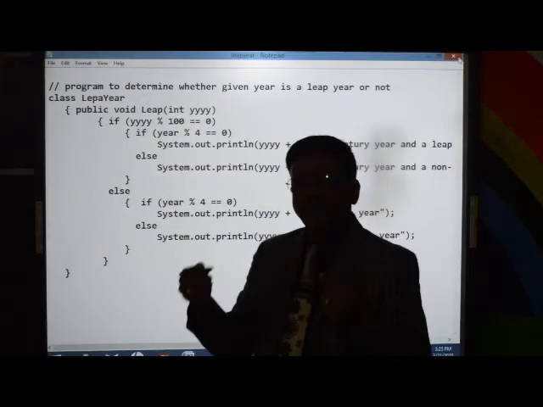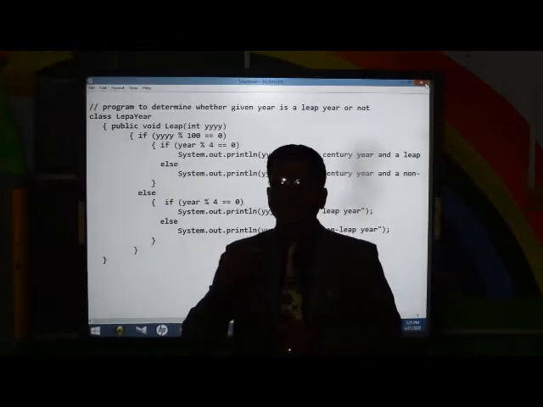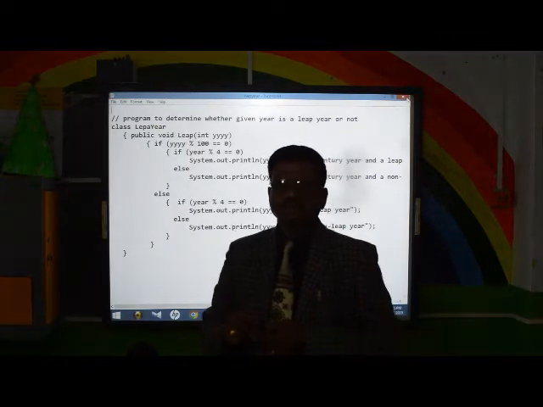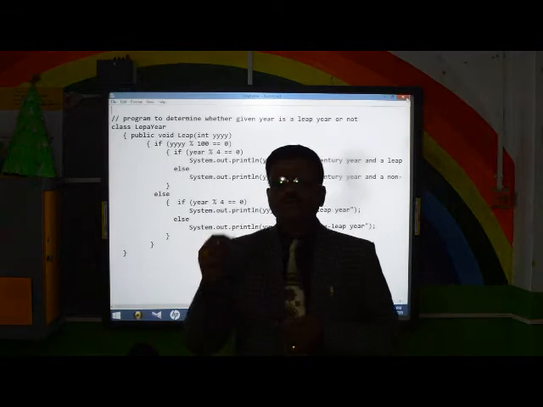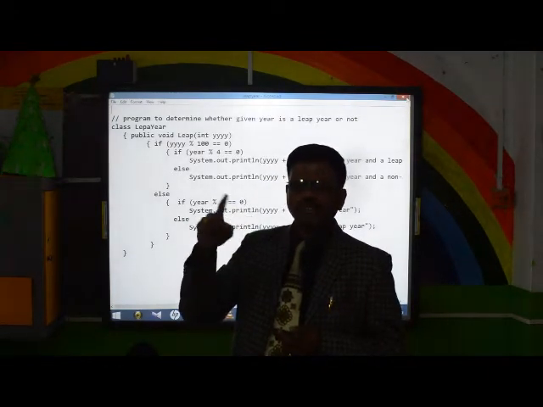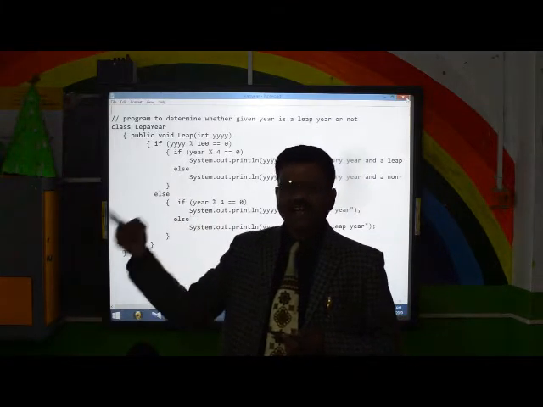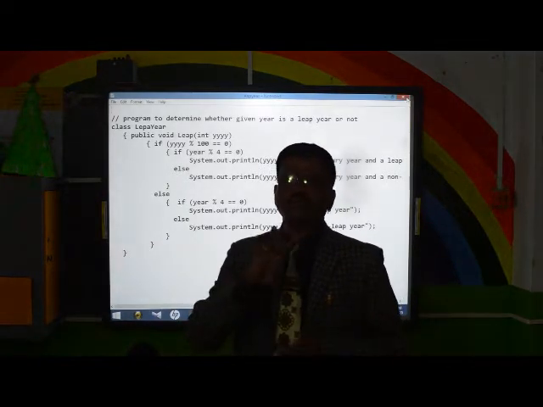But there is a condition in it. There are some century years, for instance, 1700, 1800, 1900. If you have 2 trailing zeros at the end, it will always be divisible by 4.